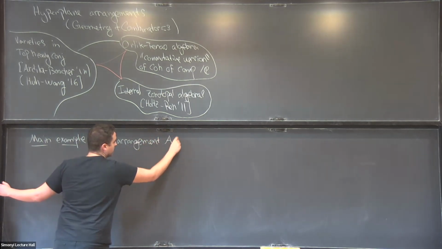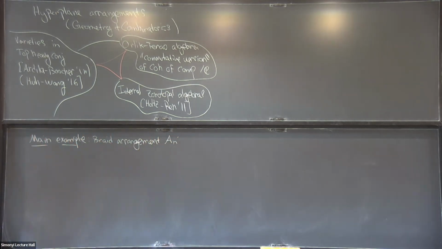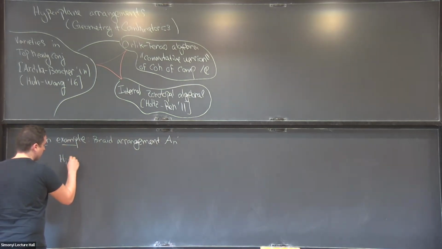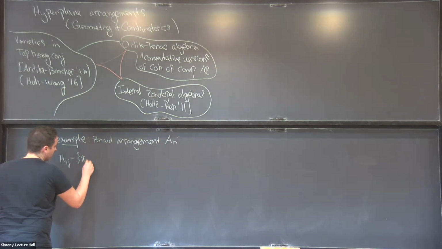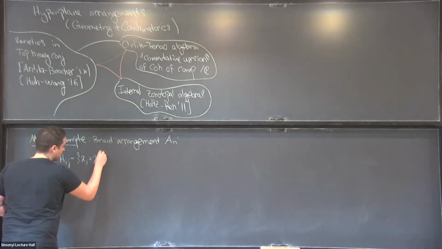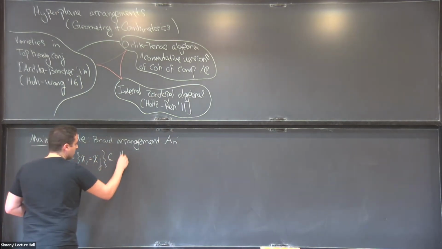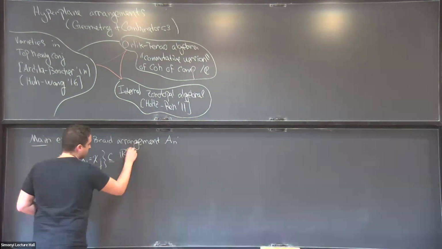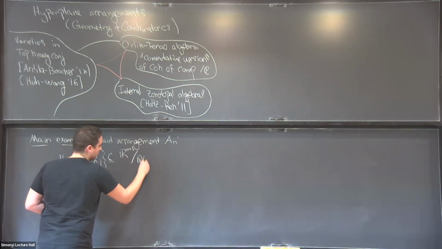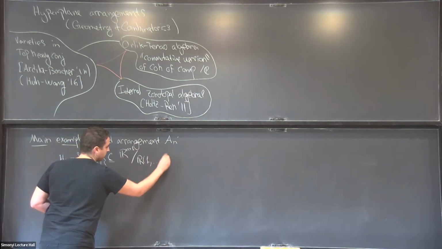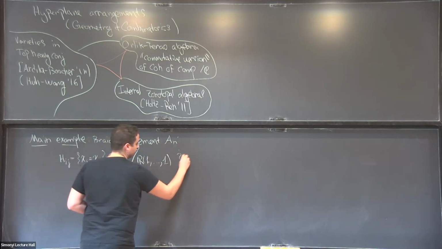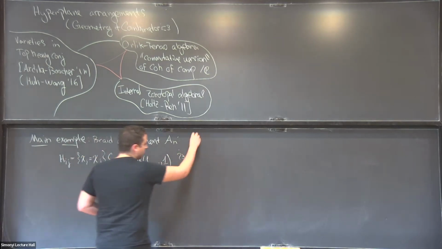By definition, this is the arrangement of hyperplanes H_ij, where the i and j coordinates coincide, living in the ambient space R^(n+1) modulo the span of the all-ones vector. Here's the picture for n equals 2.